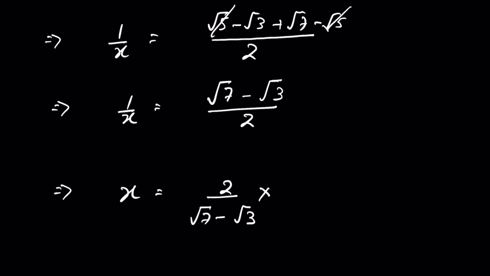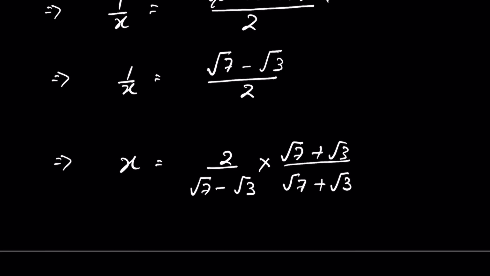Now, again rationalize the denominator. So, square root of 7 plus square root of 3 is the conjugate. So, let us divide and multiply by it.